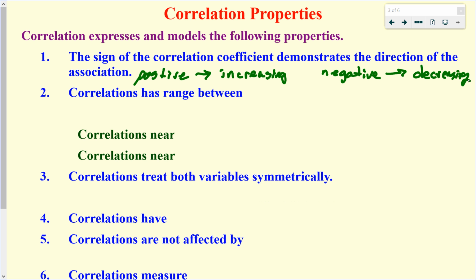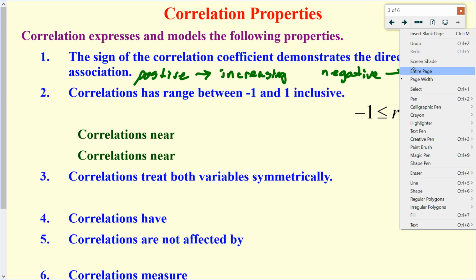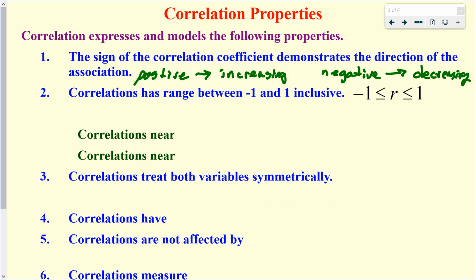Correlations, and we've talked to mention this before, correlations are between -1 and 1 inclusive. Okay? So they're between -1 and 1 inclusive.